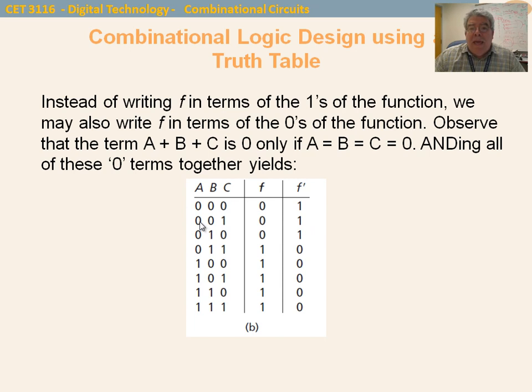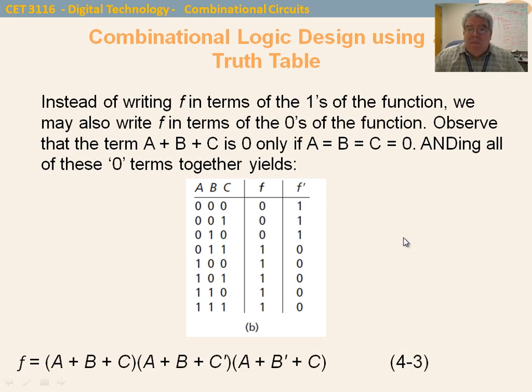Here, if we have A 0, B 0, and C 1, then this is going to be 0. That's equivalent to saying we can get an expression that is a product of sums, in which each one of the sums is found following this approach.